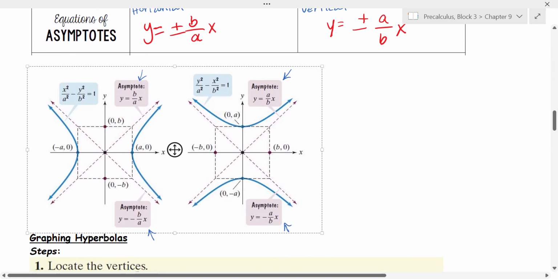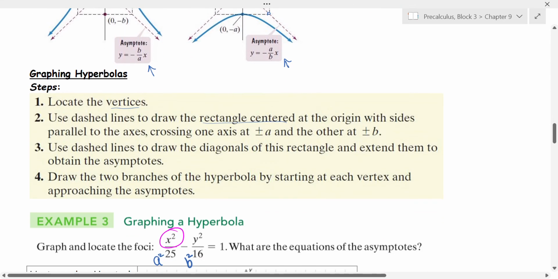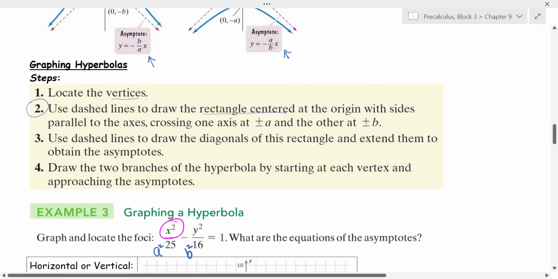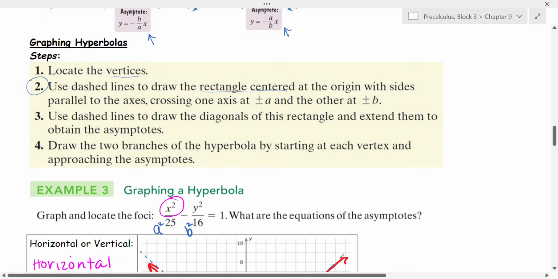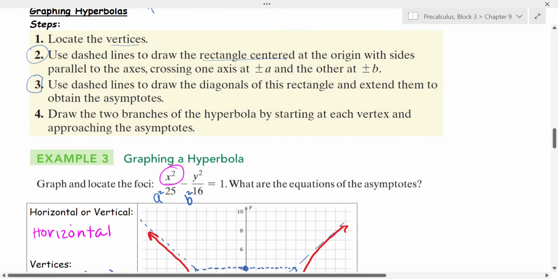But if you also want, you can just draw the rectangle and draw your lines going through those corners. So that's what this step 2 is telling you to do. Steps 2 and 3 tell you how to draw the asymptotes using the rectangle method.